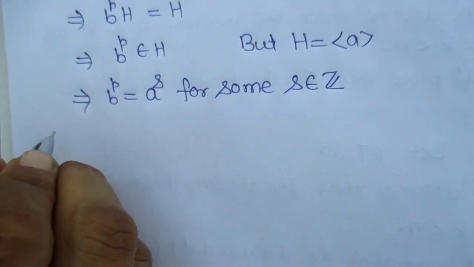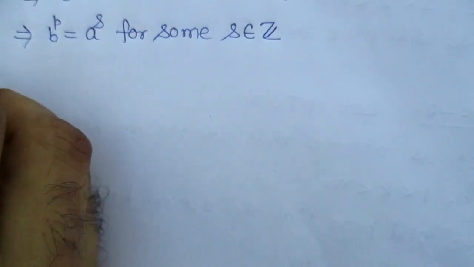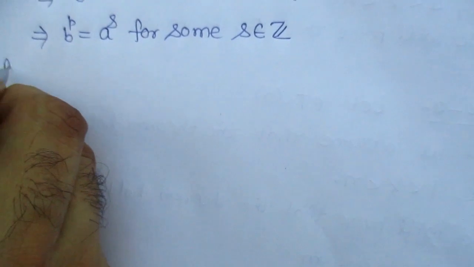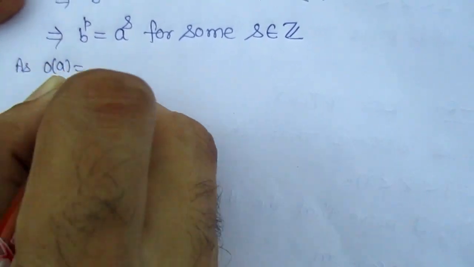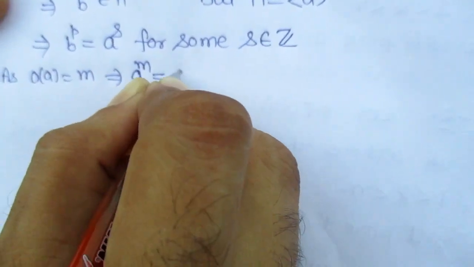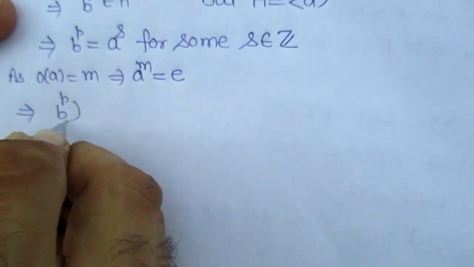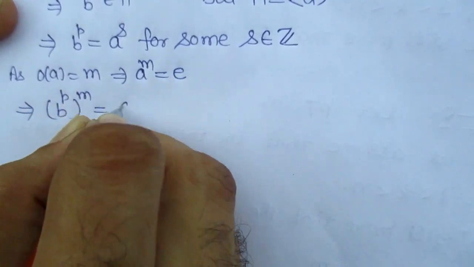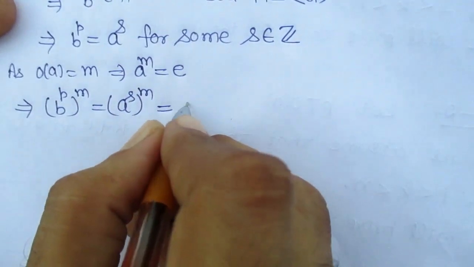As order of a is equal to m, it implies a raised to power m is equal to identity. दोनों तरफ हम पावर m ले लेते हैं. b raised to power p raised to power m is equal to a raised to power s raised to power m. Shifting m inside, a raised to power m is identity.